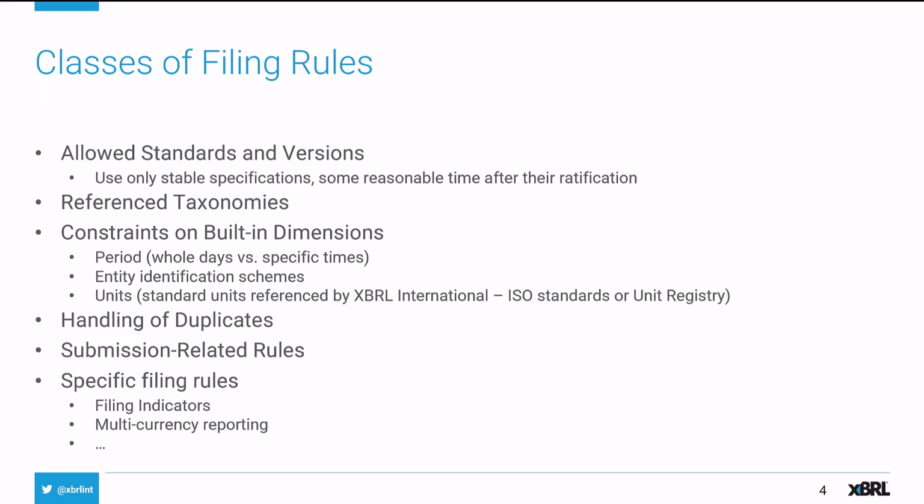You have to specify how to handle duplicates. Duplicates are values in reports that correspond to the same data. But there are several ways of handling that. You have complete duplicates, that is, data which are exactly the same with the same value.